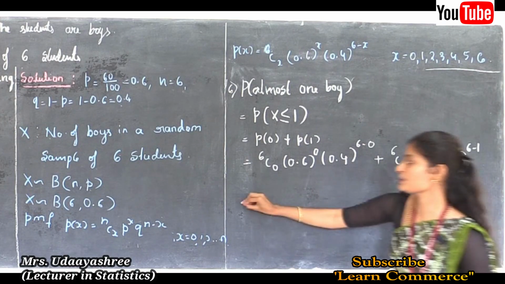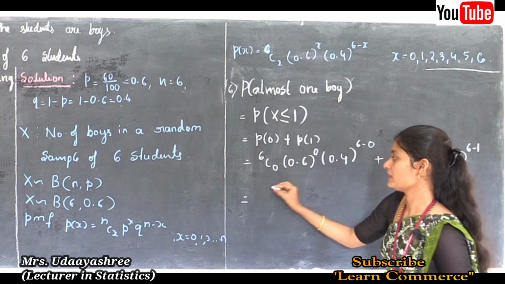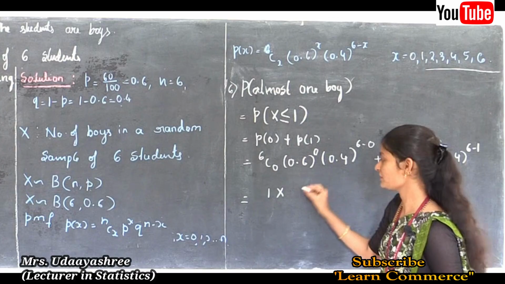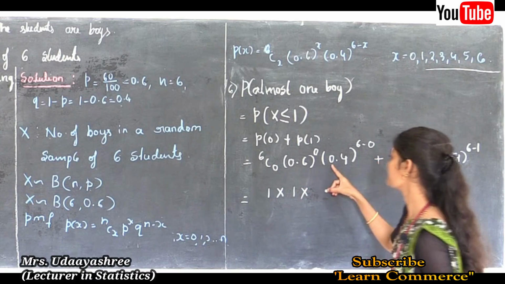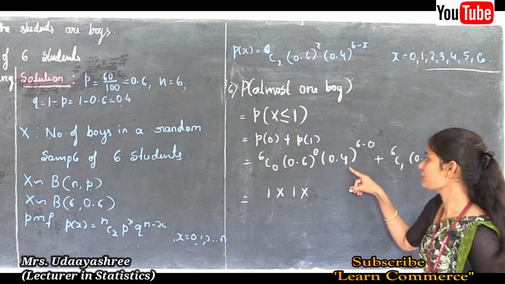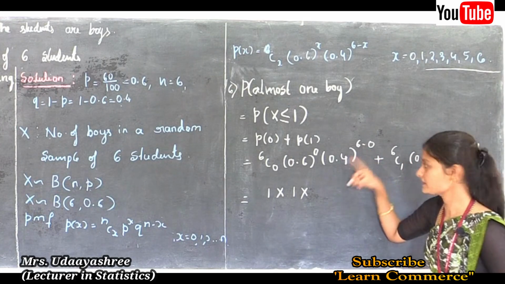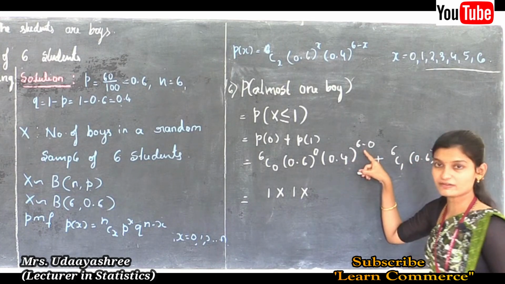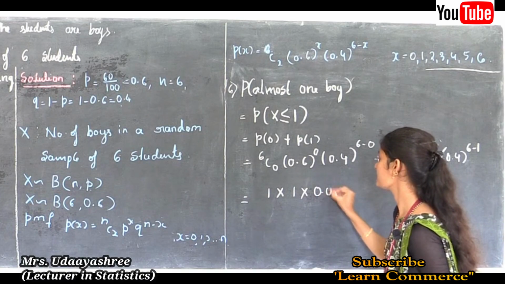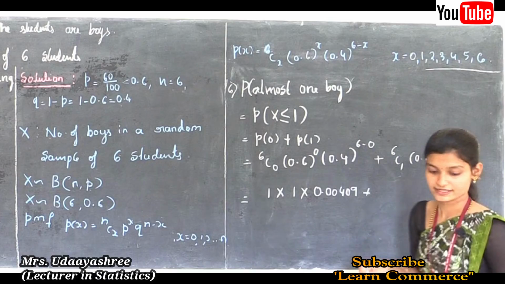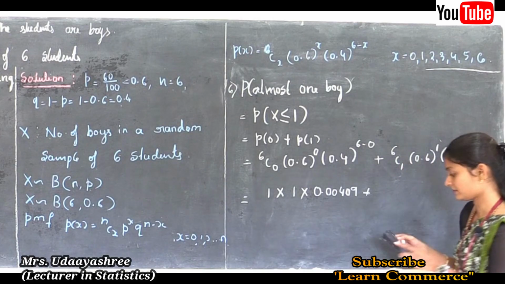Okay, this is equal to 6C0, that is 1, into 0.6 to the power 0, that is 1, next 0.4 to the power 6 minus 0, 6 minus 0 is 6. So, 0.4 to the power 6 is 0.00409, plus next 6C1.